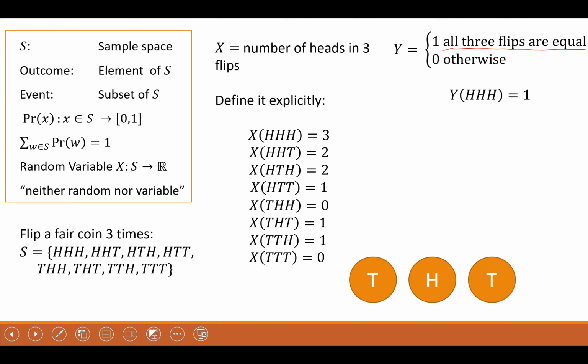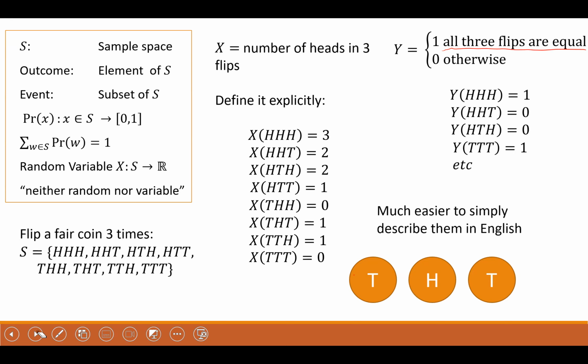Okay, so then if I wanted to map all of these explicitly, well, if I flip all 3 heads, then all 3 flips are equal, so Y maps to 1. If I have 2 heads and 1 tail, then of course Y maps to 0, and so on and so forth. All right, so Y really only has 2 outcomes that map to a value other than 0. These 2 outcomes map to 1, and everything else is 0.